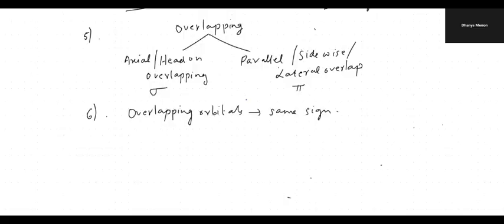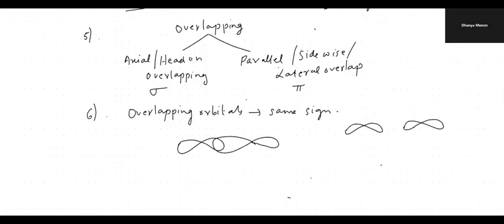For example, p orbitals. This is one p orbital overlapping with another p orbital. If they are overlapping, the two p orbitals must have the same sign. Those that have the same sign will overlap.